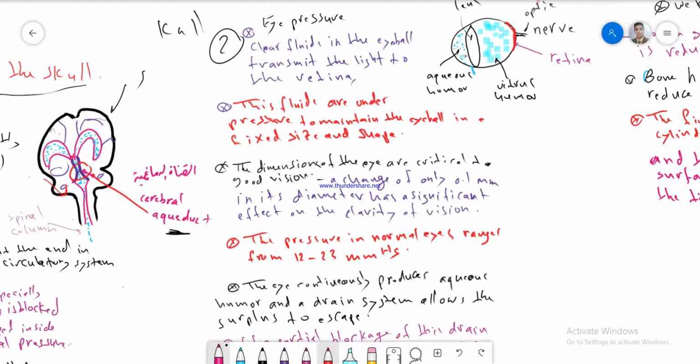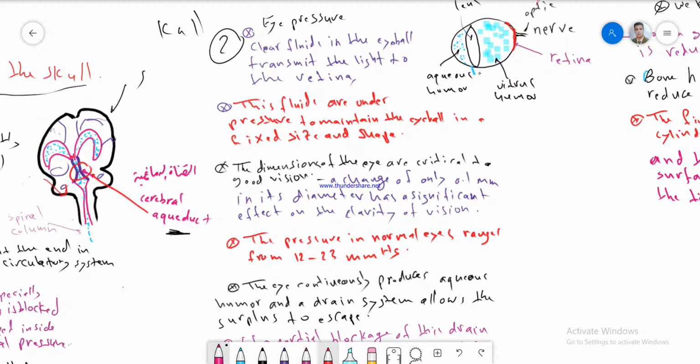This is the clear fluid. In the front part of the eye is the aqueous humor, and this is the lens, and the fluid behind the lens is the vitreous humor. This fluid inside the eye keeps the eye at a constant shape and size, and any change in this diameter affects the clarity of vision.